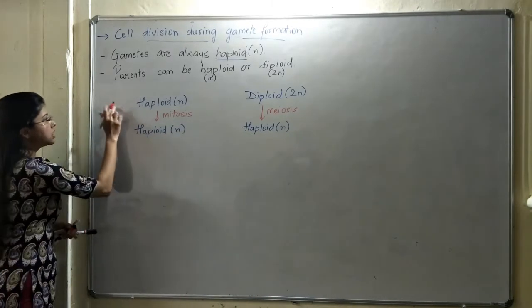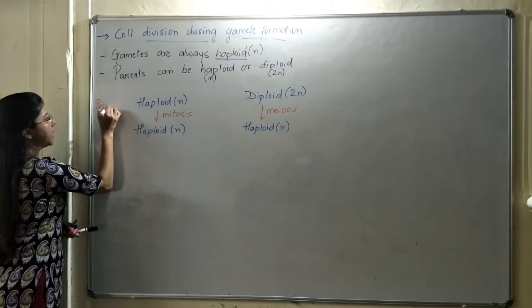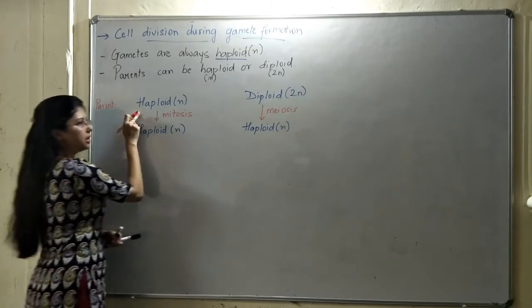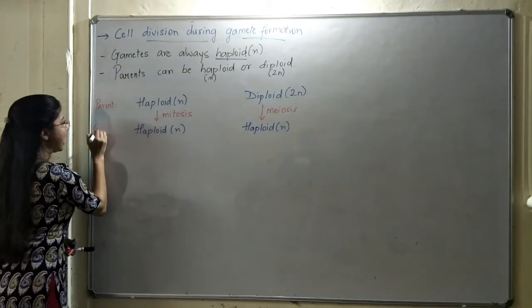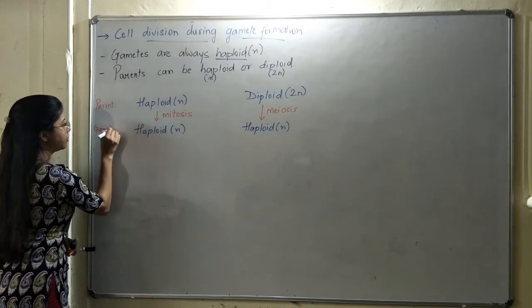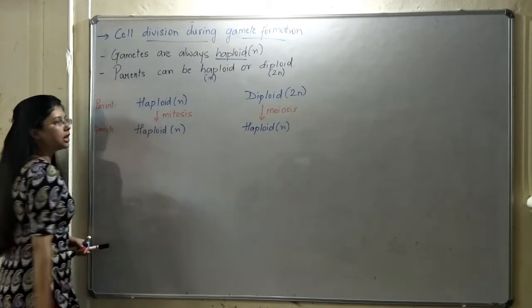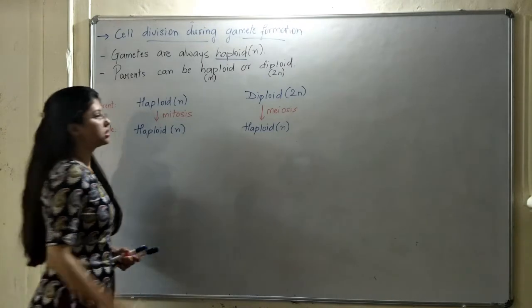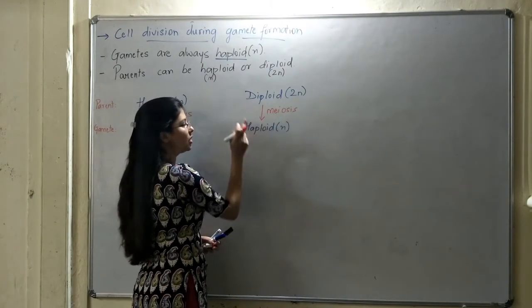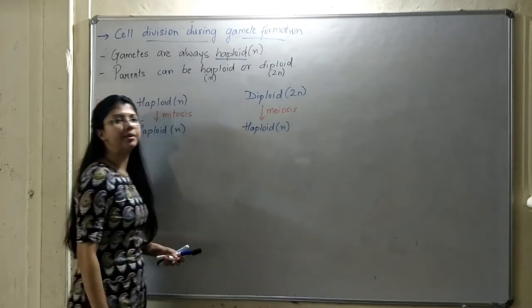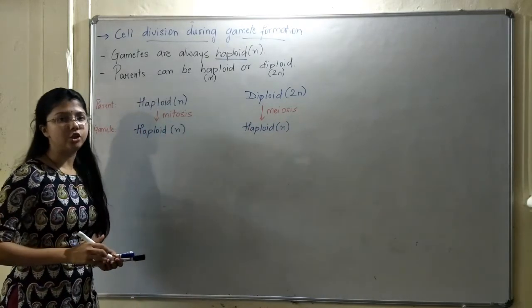Okay, so this is the ploidy of the parent. They can be either haploid or diploid. If the parent is haploid and the gamete is to be formed from it, the type of cell division that will take place is mitosis. And if the parent body is diploid, meiosis will take place for the formation of gametes, again with only one set of chromosomes.